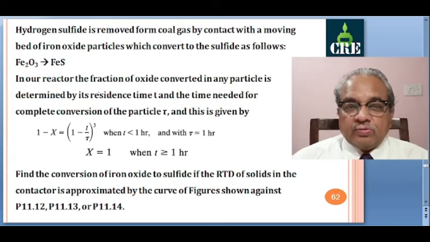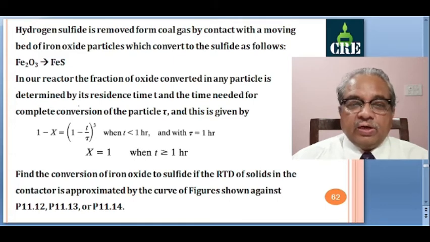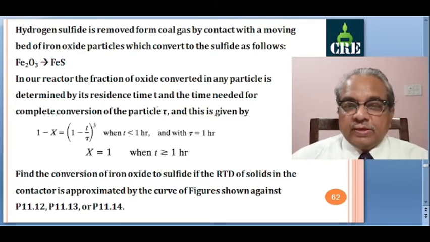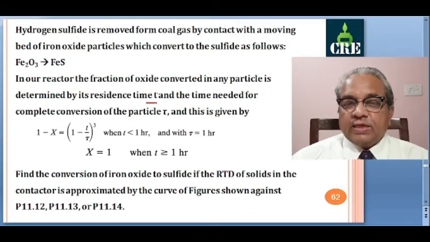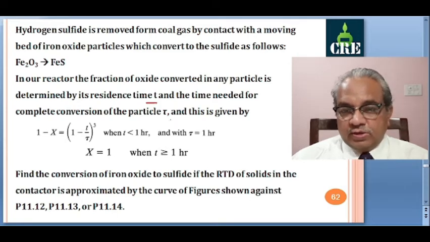In our reactor, the fraction of oxide converted in any particle is determined by its residence time t and the time needed for complete conversion of the particle, that is tau. So residence time is t and time required for the conversion of a complete particle is tau, and this is a non-ideal system.